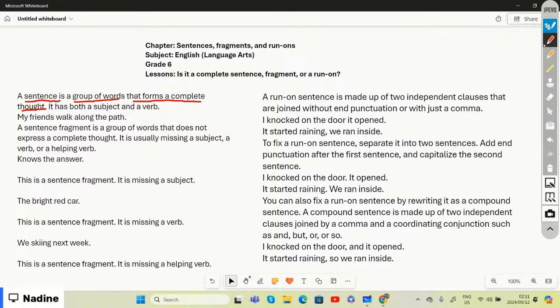And if we look at that specific sentence, remember, we said that a sentence has both a subject and a verb.